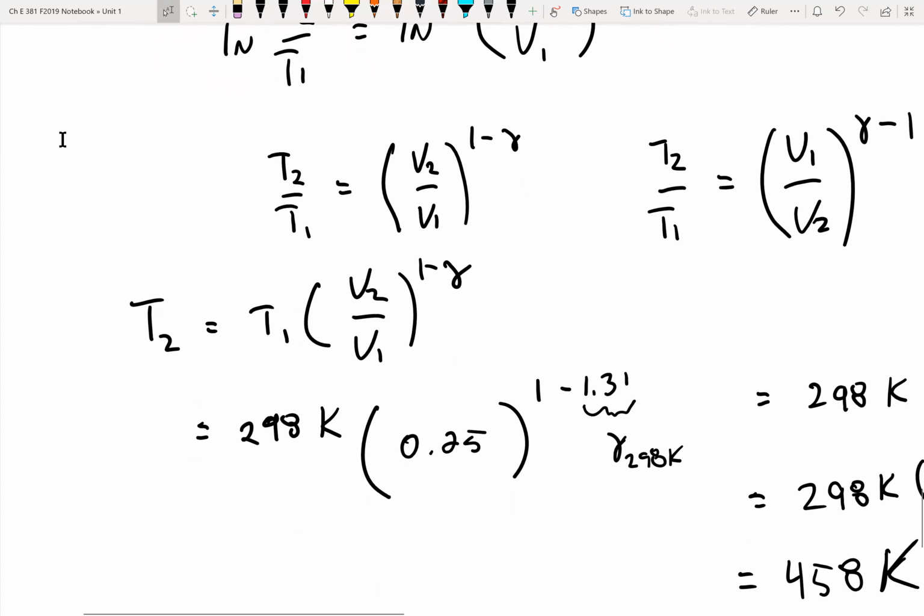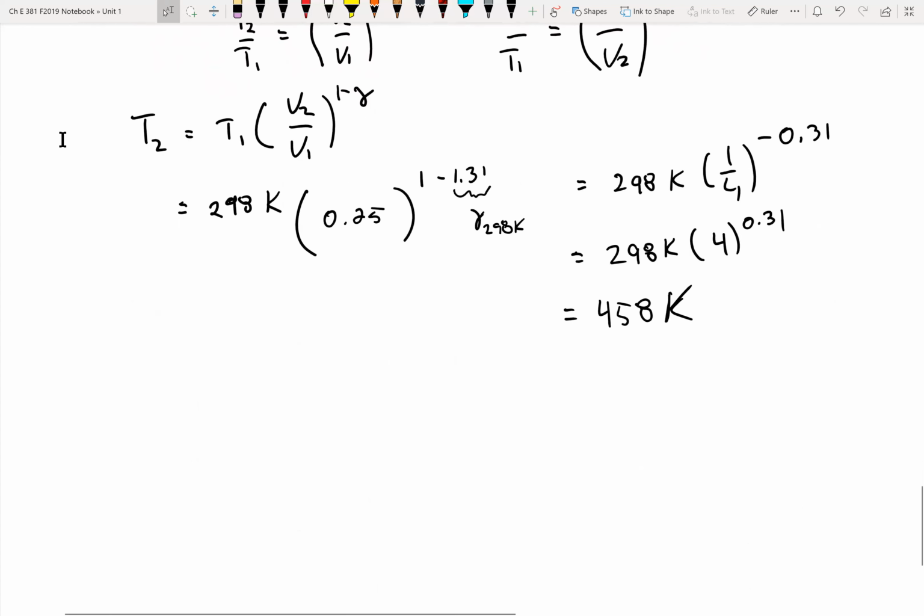So if we go and calculate what the T2 would be, this is a question: what if we used gamma at 458 instead of gamma at 298?